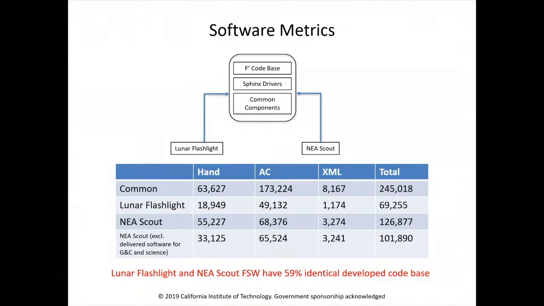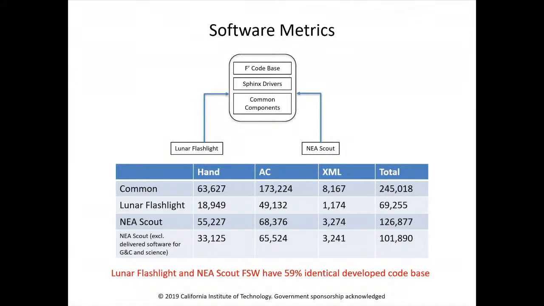Looking at NeoScout, we have about 71% of its code base common, and 29% of it is developed for NeoScout. So in total, if we take the total amount of code developed for these 3 repositories, we have about 59% of identical shared code among the 2 missions.